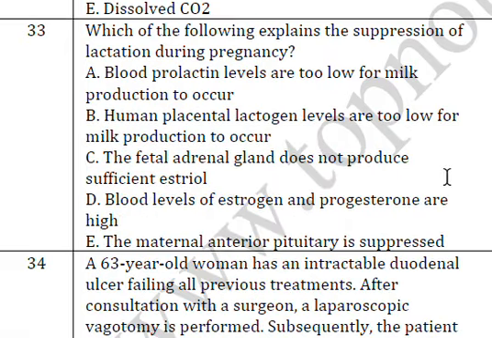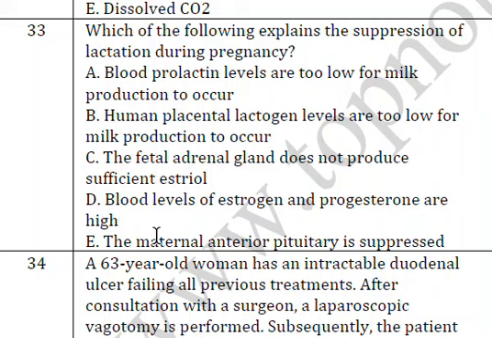The 33rd question. Which of the following explains the suppression of lactation during pregnancy? A. Blood prolactin levels are too low for milk production to occur. B. Human placental lactogen levels are too low for milk production to occur. C. The fetal adrenal gland does not produce sufficient estrogen.